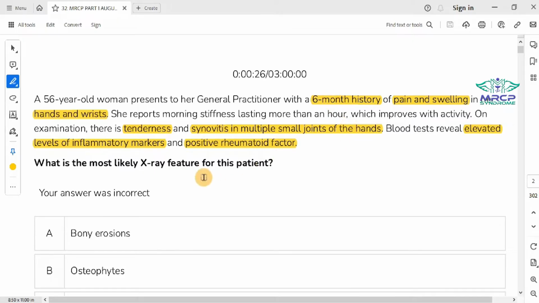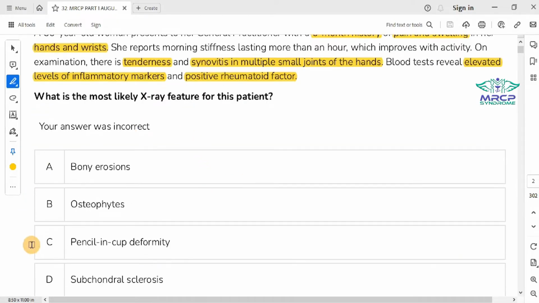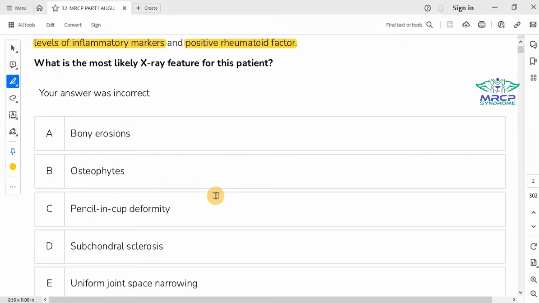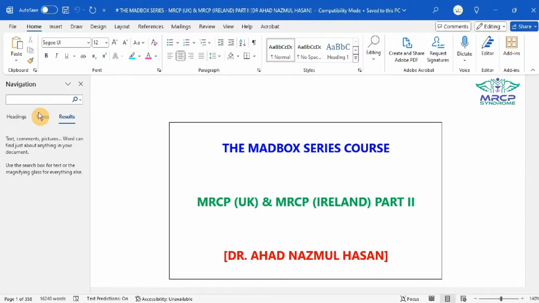So, what should be the most likely X-ray features in case of early rheumatoid arthritis? Bony erosions. Yes, we'll get the bony erosion. Bony erosion is the most likely X-ray feature in case of early rheumatoid arthritis.